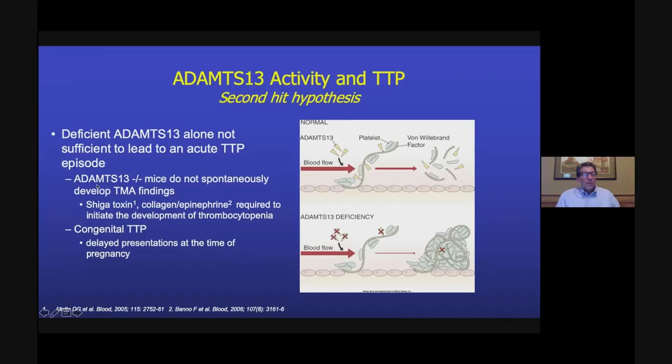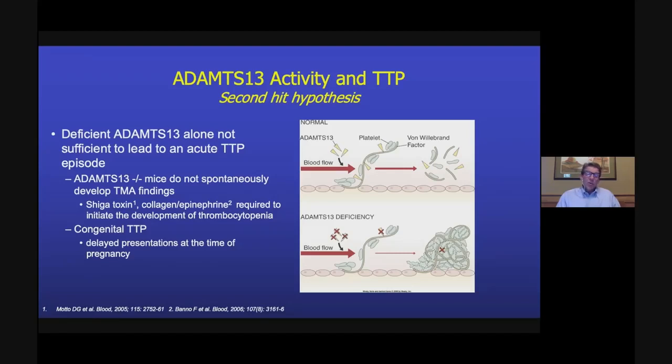And it was hoped that they would develop a TTP-like disease so it could be studied in the lab. But it didn't do that. You had to add other things, and the specifics aren't important, but you had to trigger them. You had to push them into a TTP episode. So they're sort of set up for the disease by having this low ADAMTS13 activity, but they have to be pushed, triggered, or given this second hit to develop the disease.